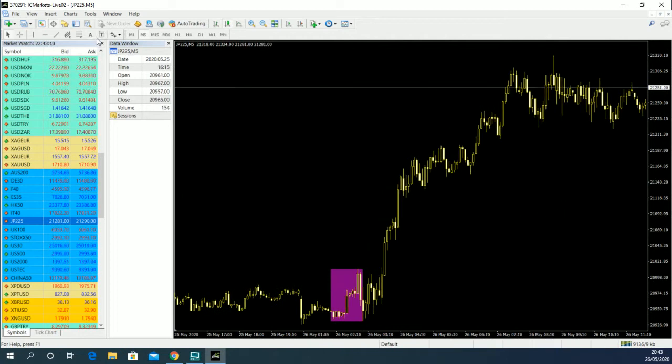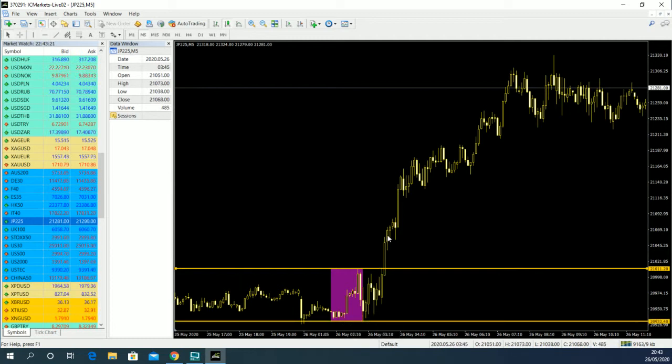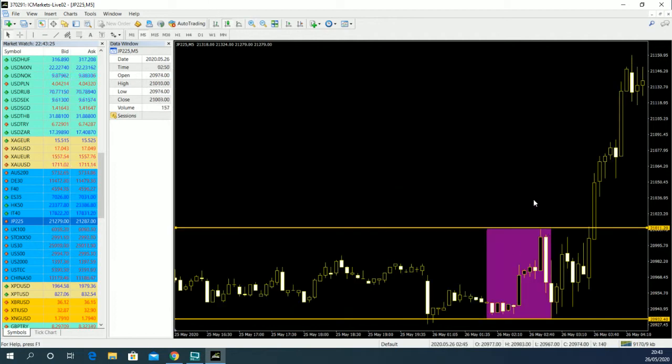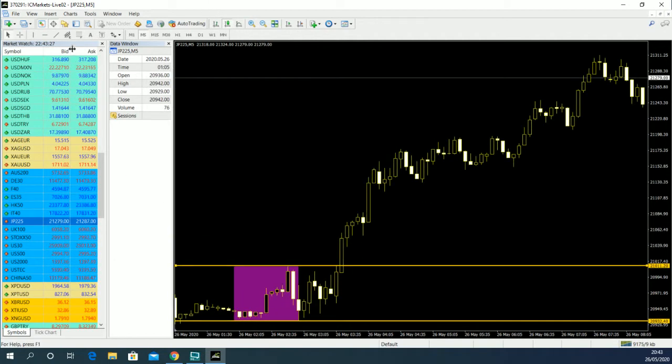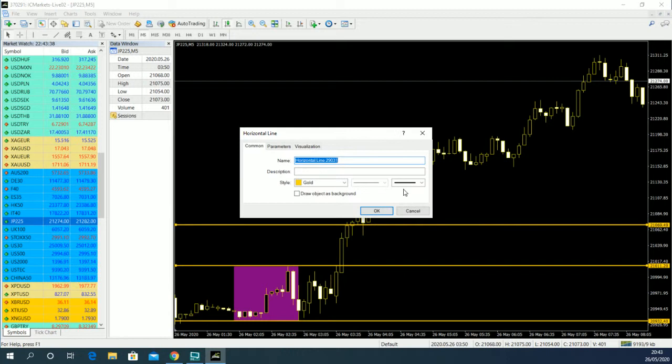Look at where this little Nikkei comes out from. It's coming out from here. You're going to go into that trade after the close of this candle here.